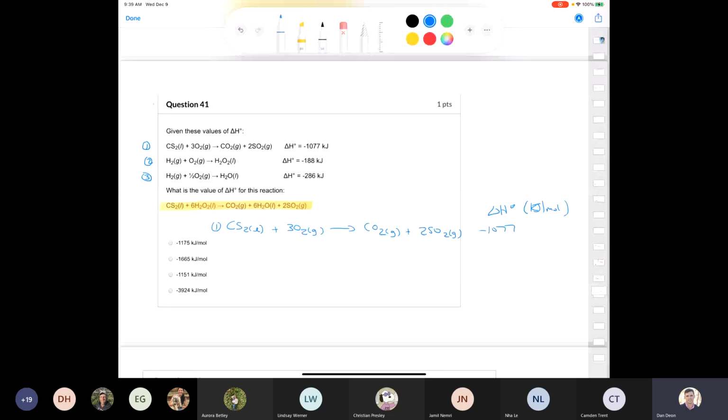What else do I see here? Something else that I notice is that I have 6 moles of water as a reactant. The only place I see water in any of these equations is right here, right? I have 1 mole as a product in reaction number 3. Now, if I want it as a reactant, I'm going to have to multiply that by a negative factor, right?